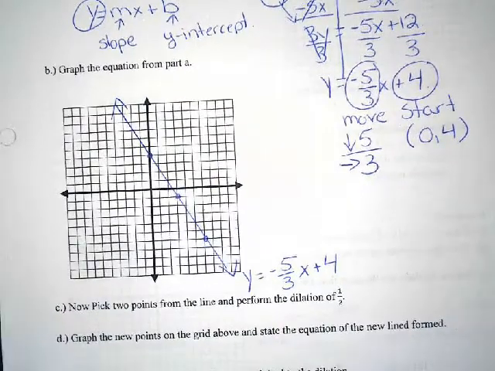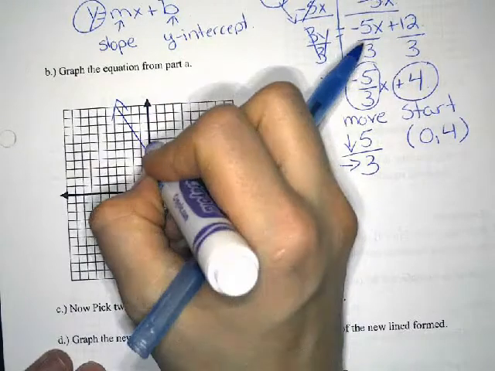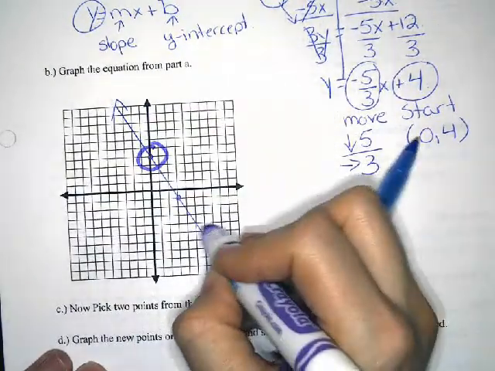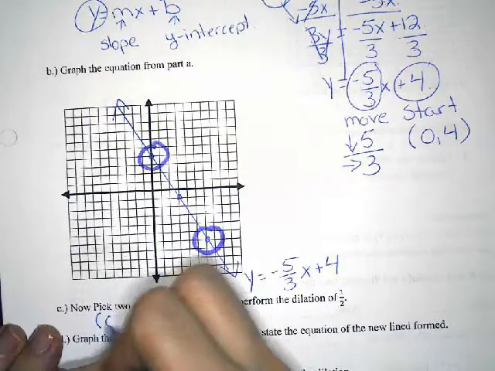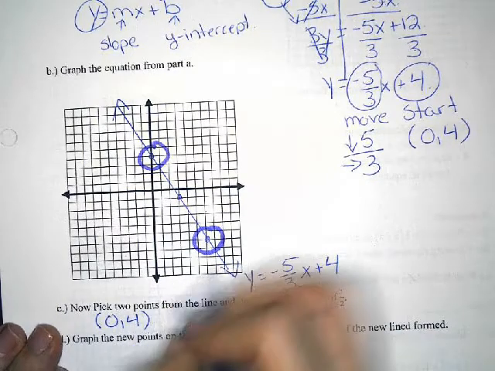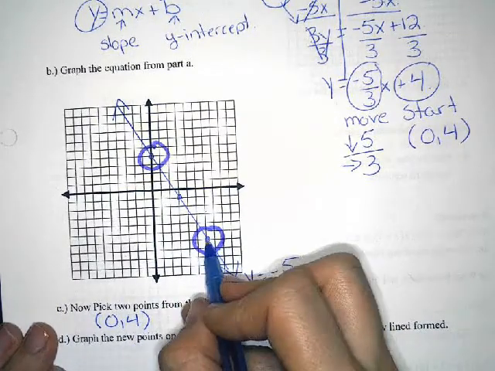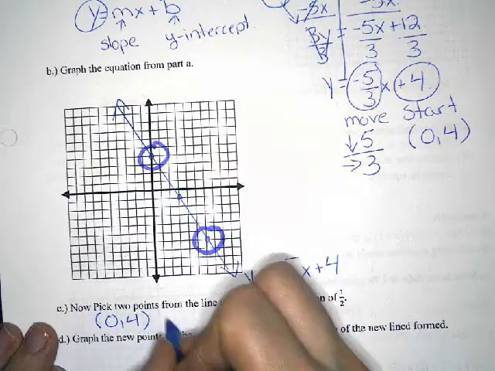Now what I'm going to do is pick 2 points off of this line to use. I'm going to use the y-intercept, and I'm going to use the third point that I plotted. Those 2 points are 0, 4, and 6, negative 6.